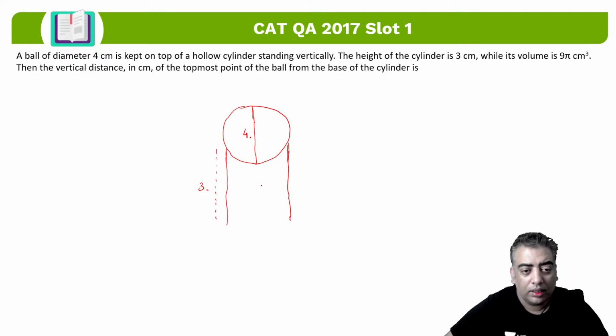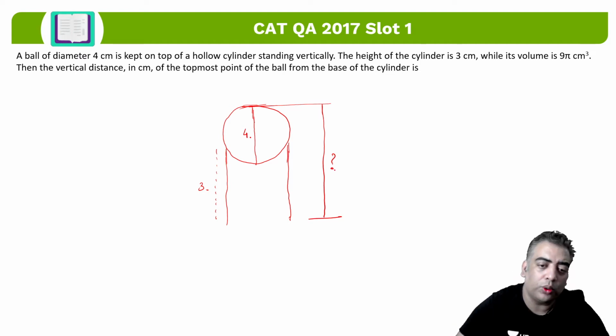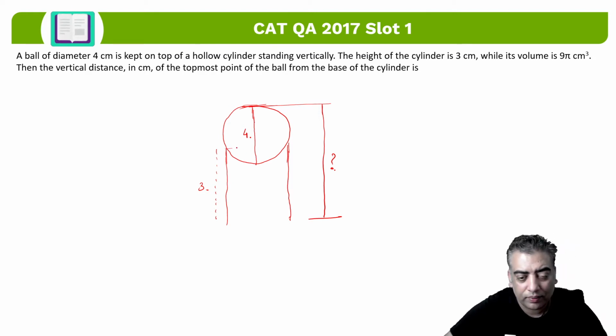Then we need to calculate the vertical distance of the topmost point from the base of the cylinder. So this is what we are supposed to calculate in this particular case. As we all know, the height of the cylinder is 3. So this much length given to me is 3.